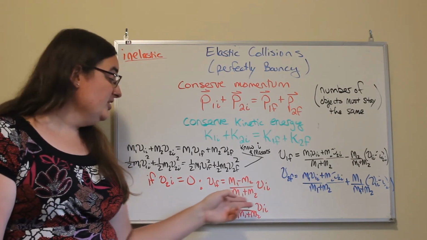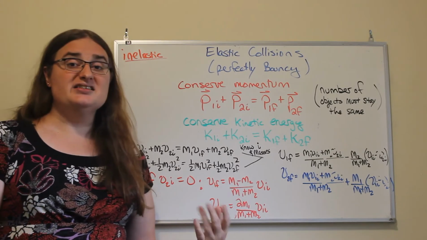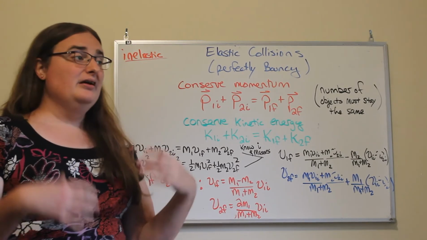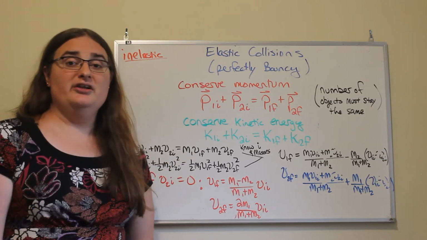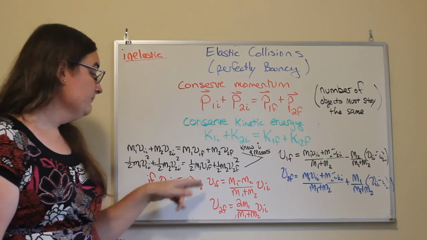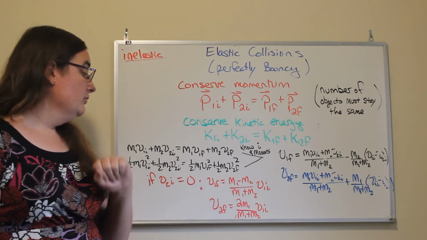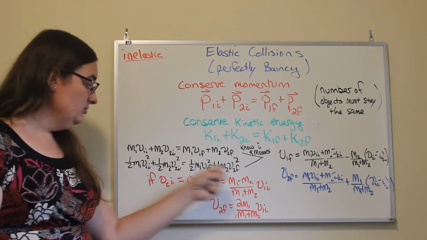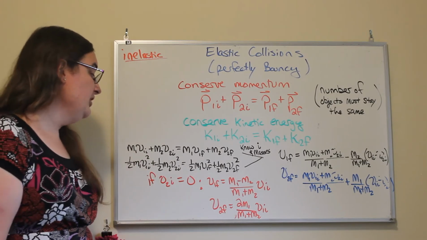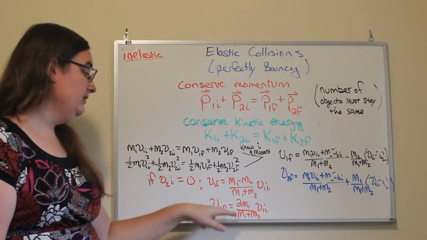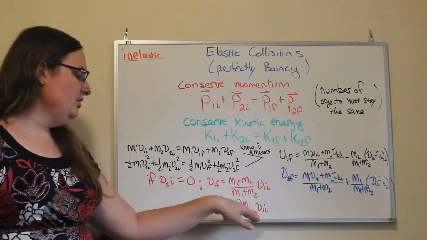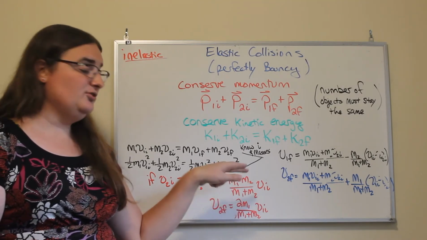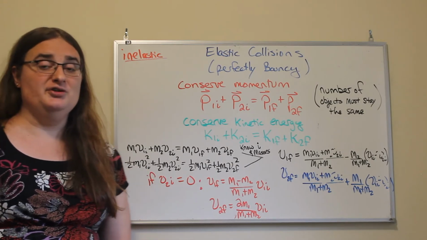So, if our objects have exactly the same mass, like billiard balls have in elastic collisions with no spin, well, the first object would stop, because m1 equals m2, we get no velocity for object 1, and then 2 times m over 2 times m means the velocity of the second object would have to equal the velocity of the first object.